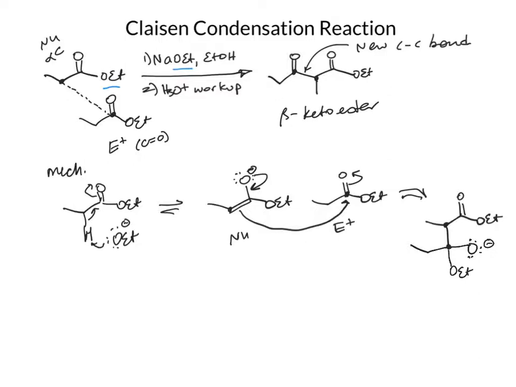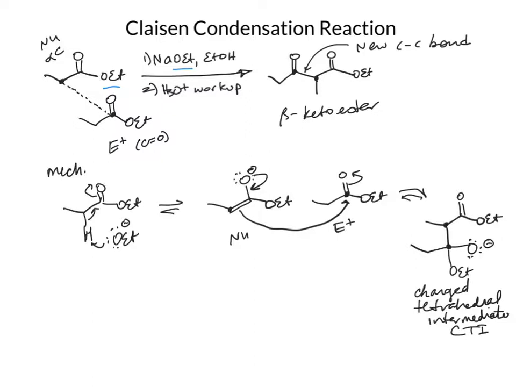But what's unique here is instead of just doing a workup where we would protonate to get the beta hydroxy product, this product is a very special intermediate. It's described as a charged tetrahedral intermediate, or a CTI for short.